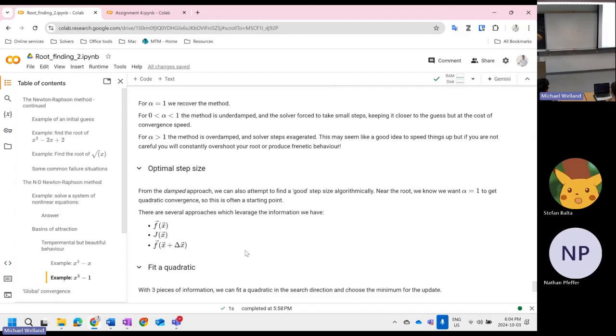We know the slope looks like that. We've calculated what delta x is, and we've got something like that.